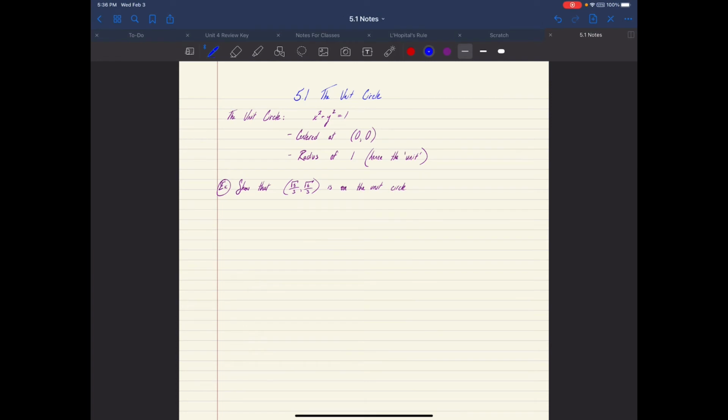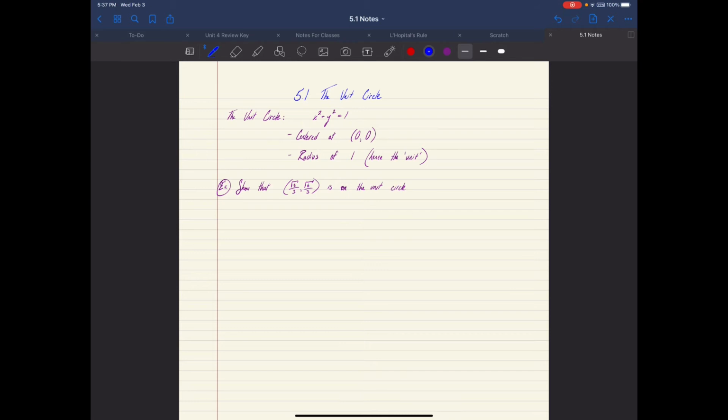Okay, so in addition to the unit circle itself and the unit circle values, we also will talk about other ways of using the unit circle. And knowing the unit circle values is necessary, and that is something we'll work on over the next several weeks a lot.